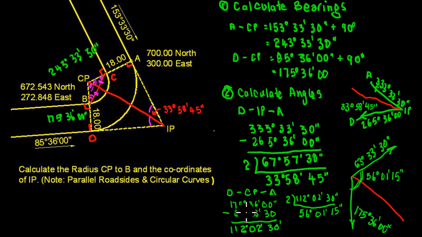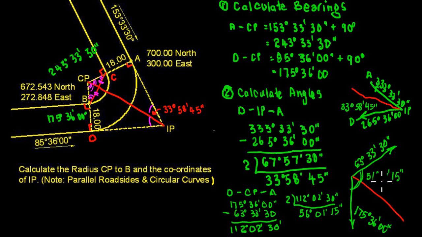Here I am taking the two angles away, just putting it slightly smaller so I can fit it on the page, and I get a total angle through there 112, 02 minutes 30, which I then divide by 2 to give me 56 degrees 01 15, which is this angle here and here, the half the total angle.